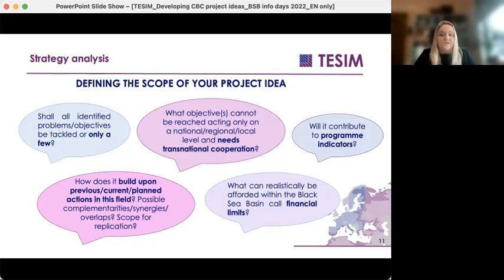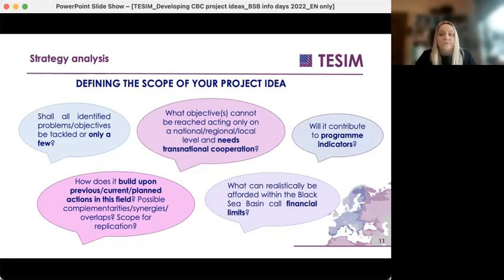Now, project strategy definition is the final step of the analysis phase, and its objective is to define a realistic strategy with achievable objectives for your cross-border cooperation project. Strategy analysis implies deciding on which of the objectives will be included in the project and which of the objectives will be left out.